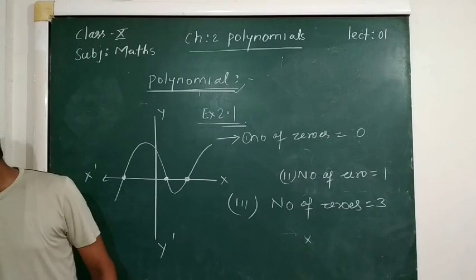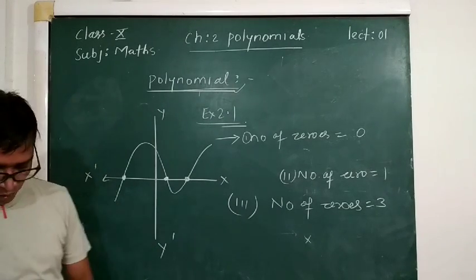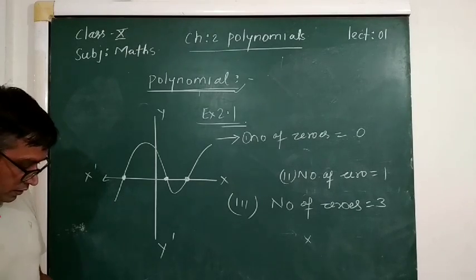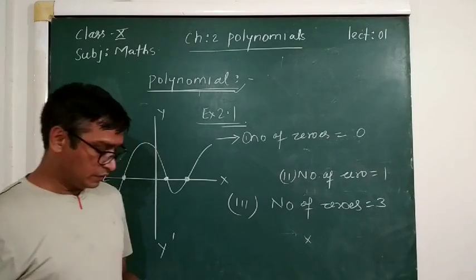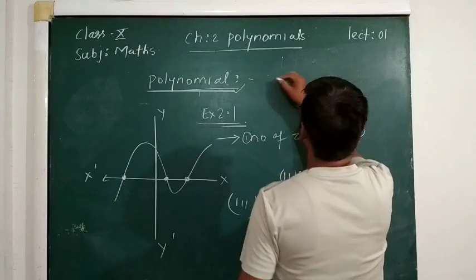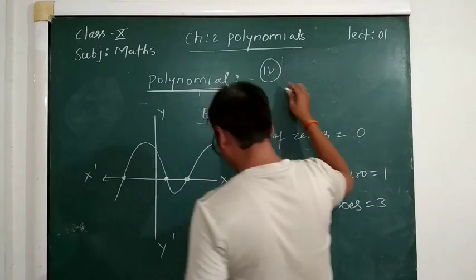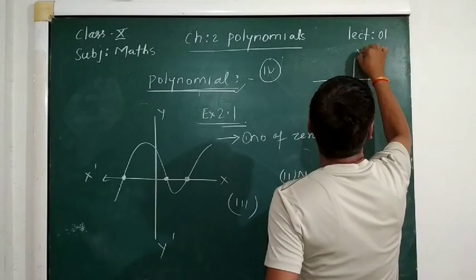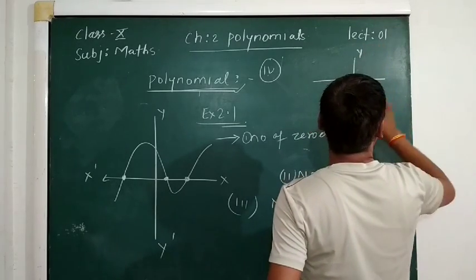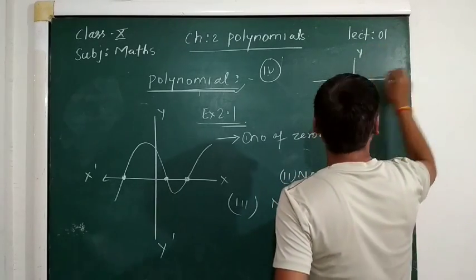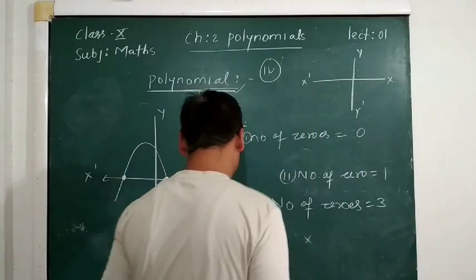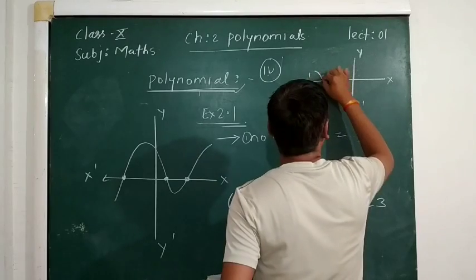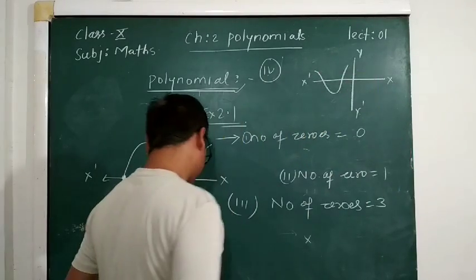In a similar way, we can find out the rest of the values also. In the fourth, if you see, the graph is given like this. This is the fourth one. This is y, y dash, x and x dash. So the curve is just like this.